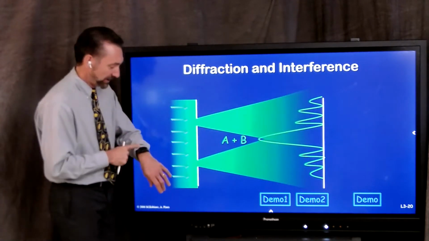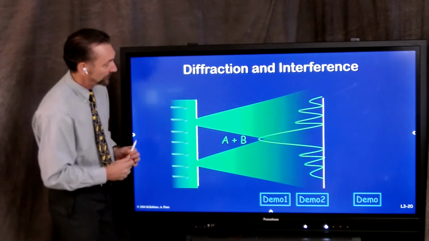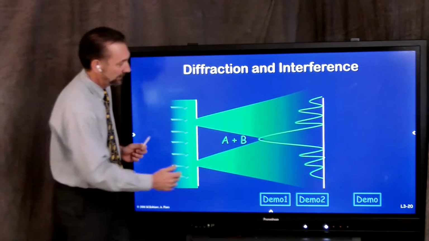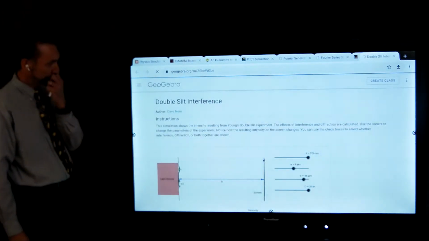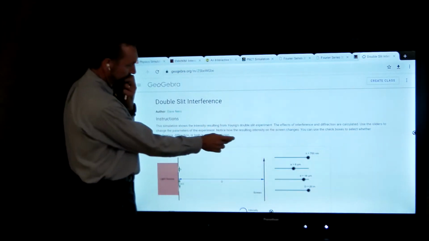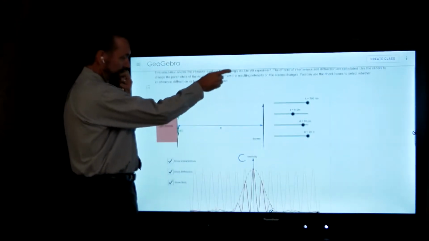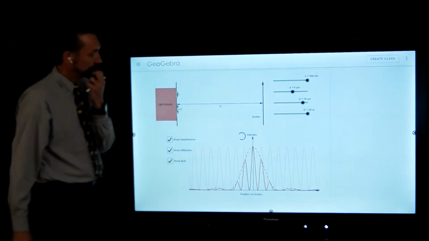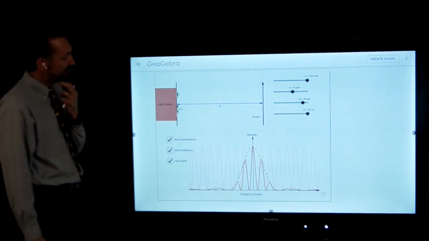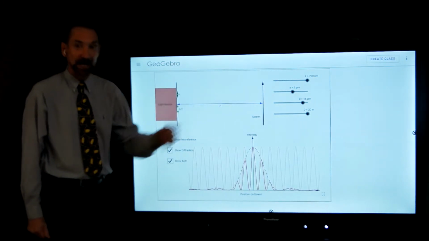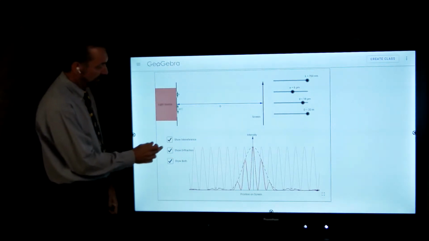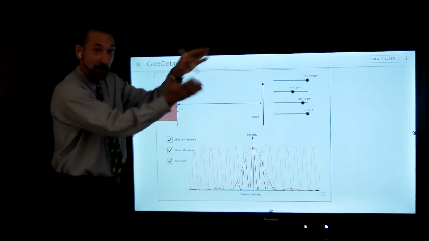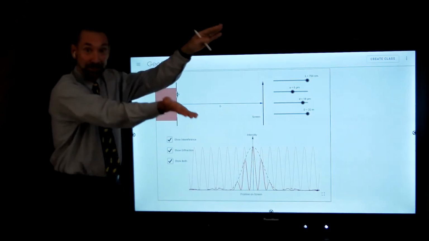So we talked about diffraction and interference, and I might want to run the demo if I can. Here's an animation of diffraction and interference. Remember, there are two phenomena occurring. There's the diffraction, the spreading out, and that has to do with the uncertainty principle.